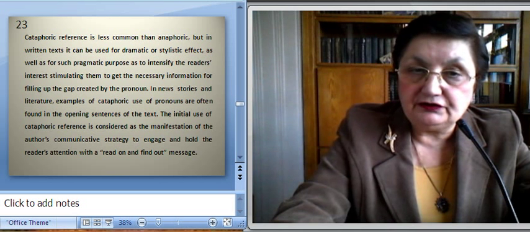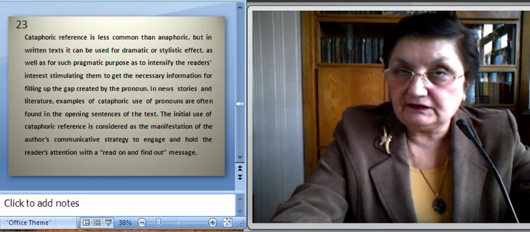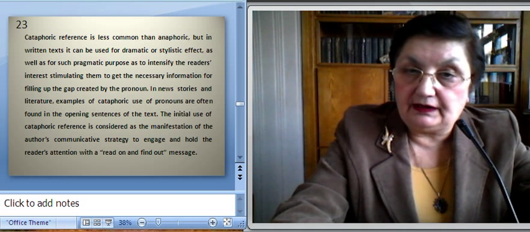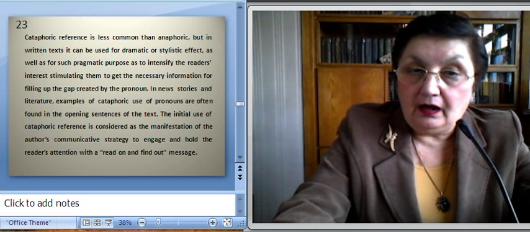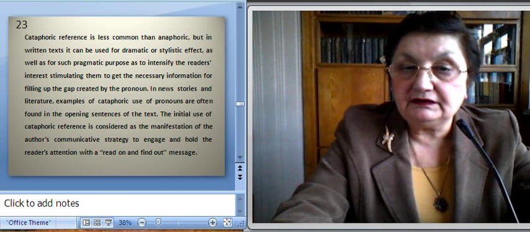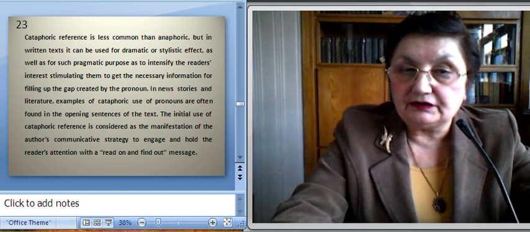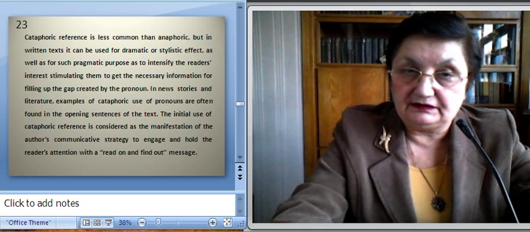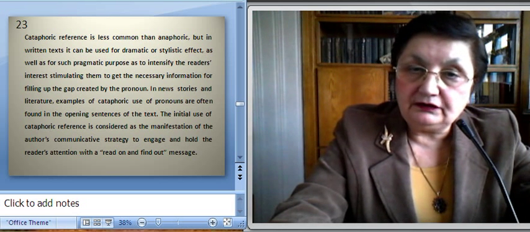The third type of co-referential devices is exophora, that implies a reference to assumed shared worlds outside the text. In Greek, the word exo had the meaning of outside.